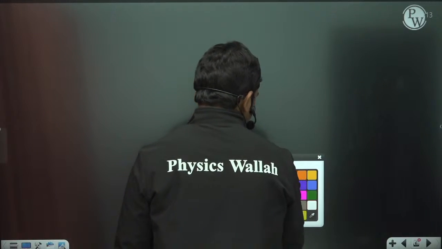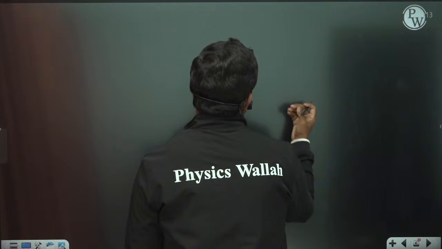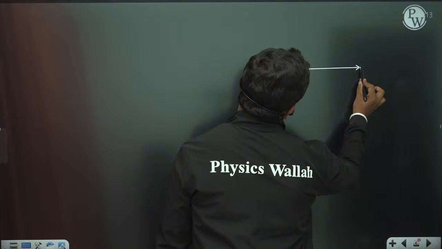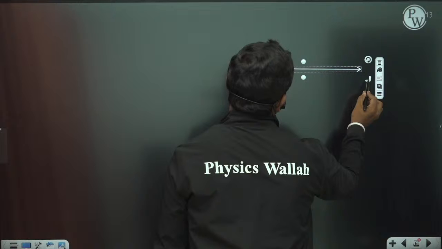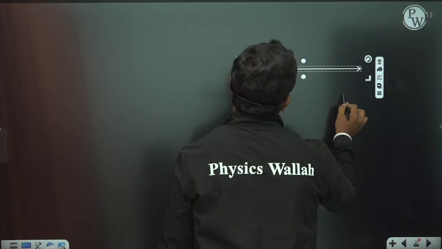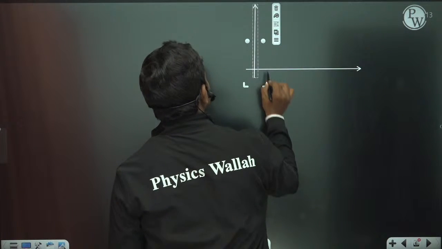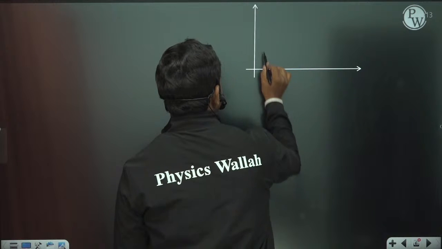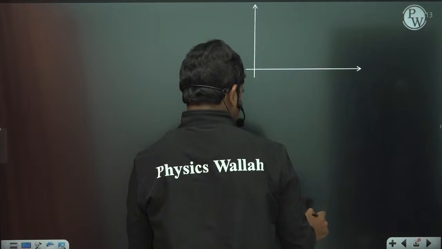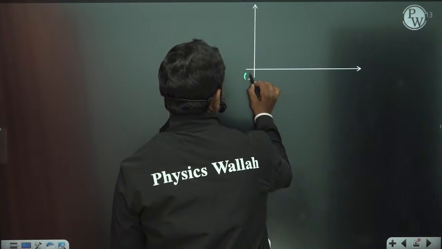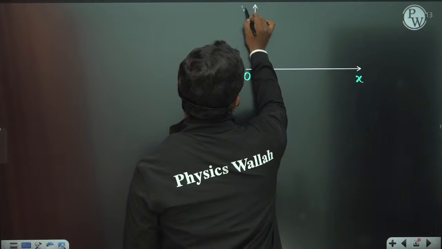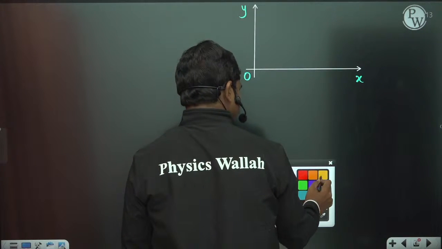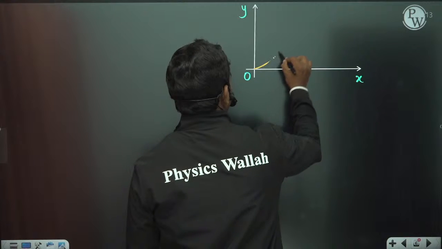So basically, if you see, this is your x-axis and this is your y-axis, for example. Okay, so this is your y-axis, origin, x, y, and let us suppose the dam is something like this.